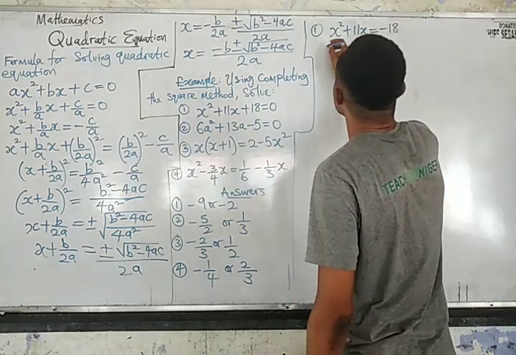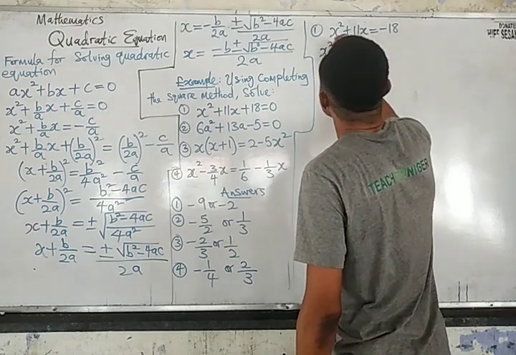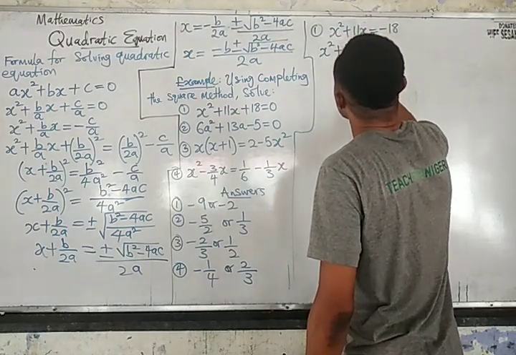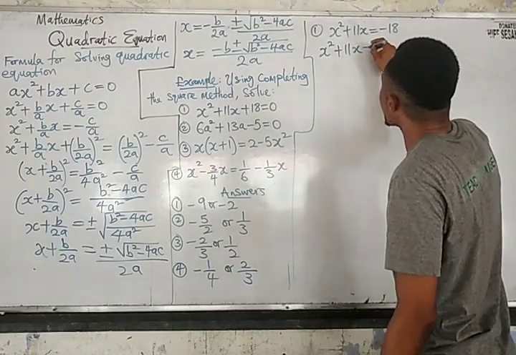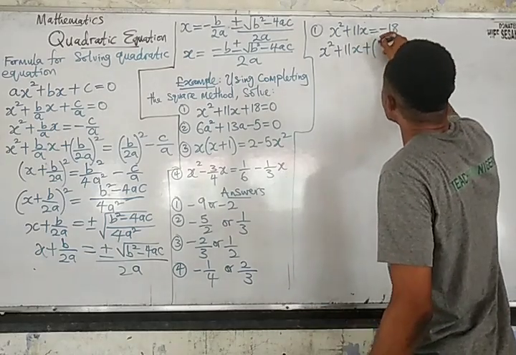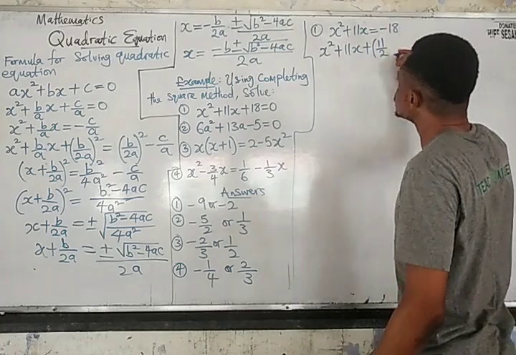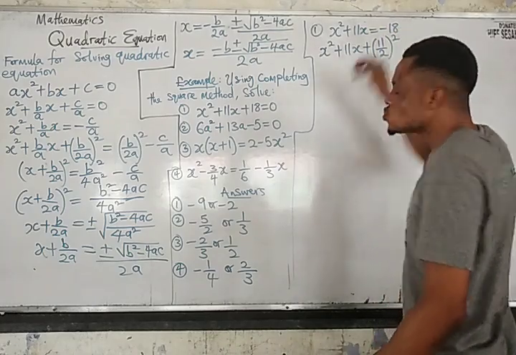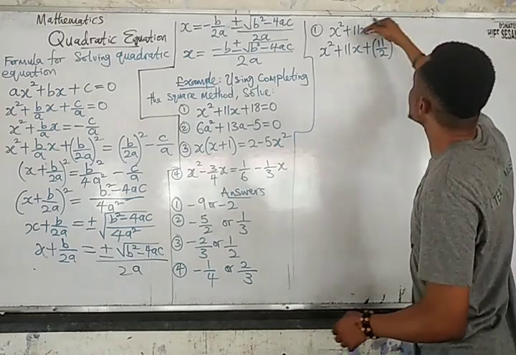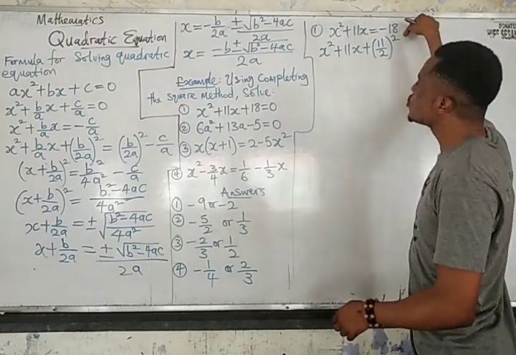We are going to have x squared plus the 11x. Now what are we adding to it? We are adding 11 all over 2, which we are going to square upon getting the half of the b, which is 11 over 2. We are going to square it.